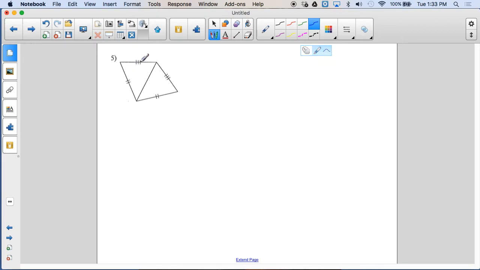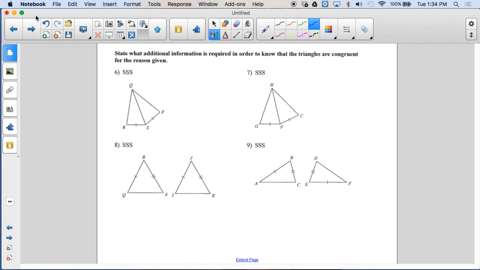I see 2 and 3, 2 and 3. So the side they share, I'm going to label or diagram here with a 1 slash. So 1, 2, 3, 1, 2, 3. We're going to say yes. The two triangles are congruent by side, side, side congruence theorem. Don't need to know about the angles.